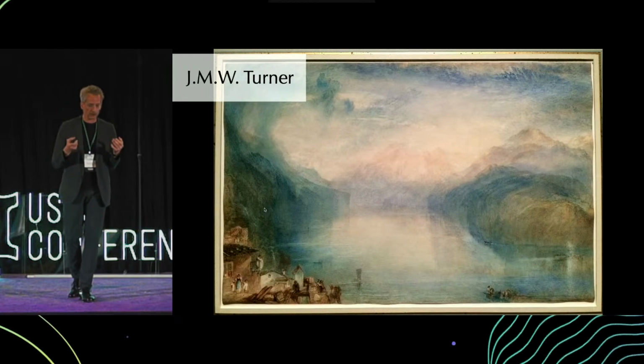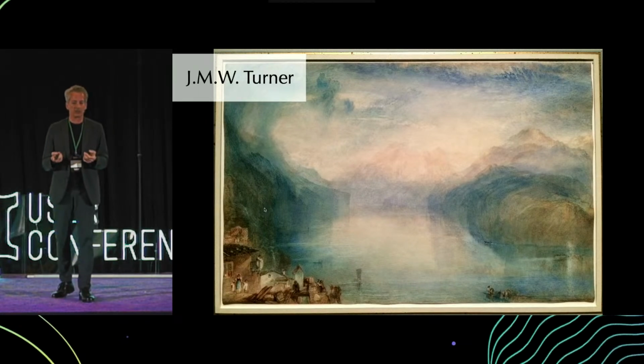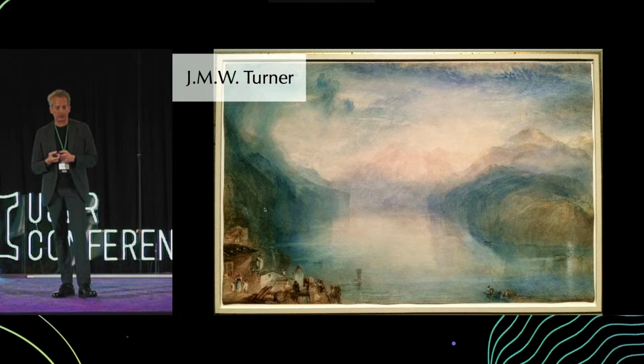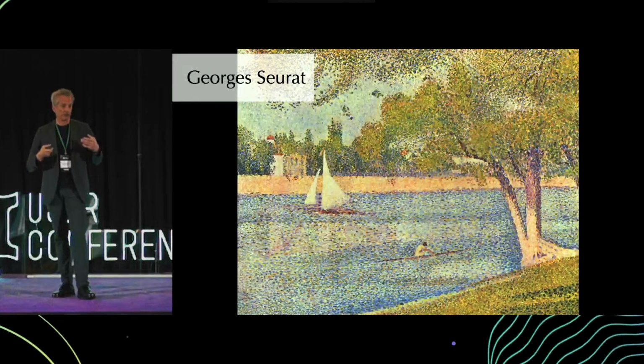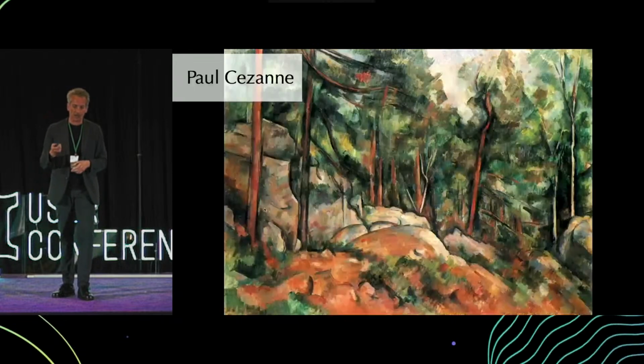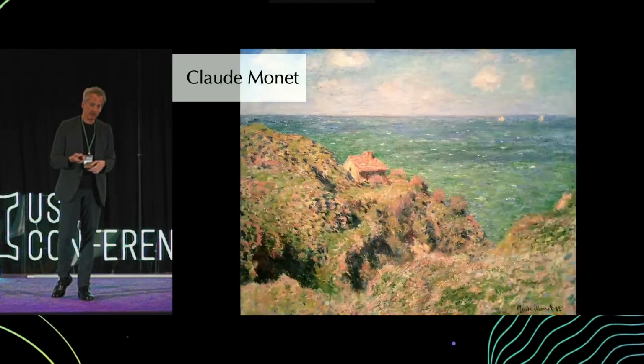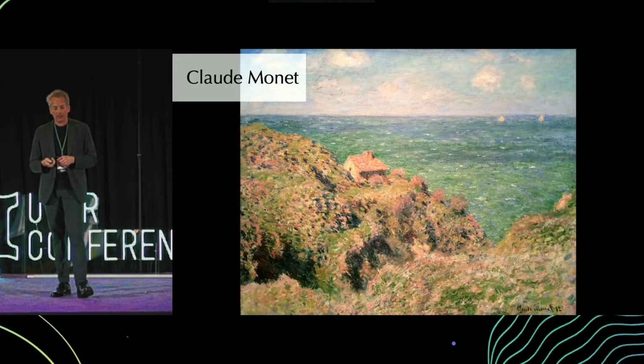not unlike what the painters of the 1800s did, starting with the proto-impressionism of J.M.W. Turner, and later the full-on impressionism of folks like Seurat and Cezanne and Monet. They started to reach a new level of expressiveness that really made people think about what they were seeing.